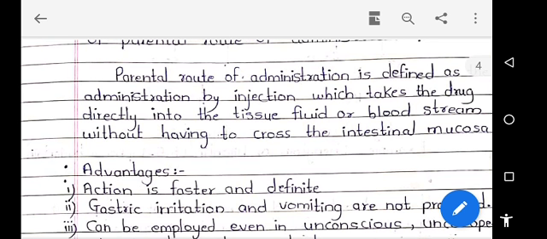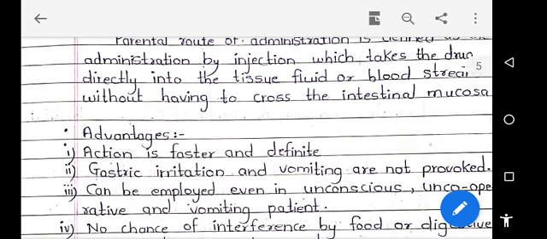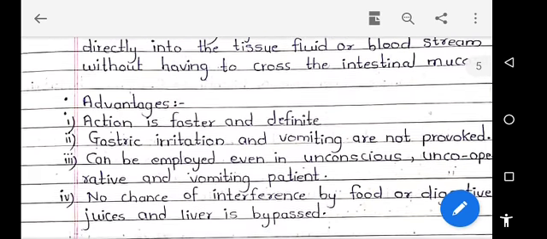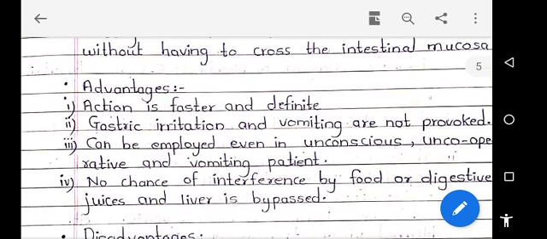But in the parenteral route, as the drug is administered in the blood, and blood is the barrier with tissue fluids, these reach directly to the required site so that we get the most beneficial action of the drugs. We will discuss the advantages of this parenteral route of drug administration.